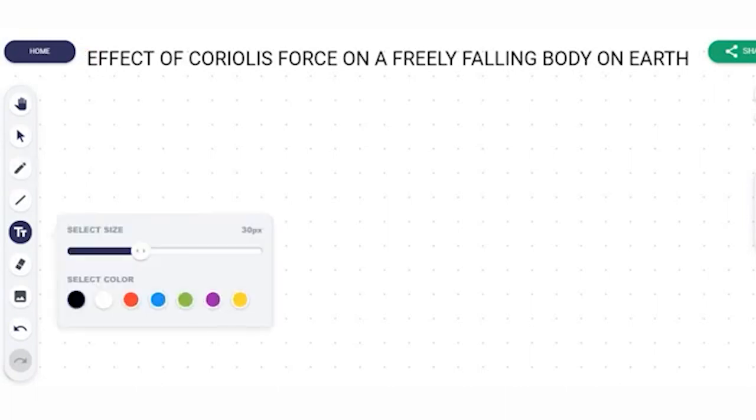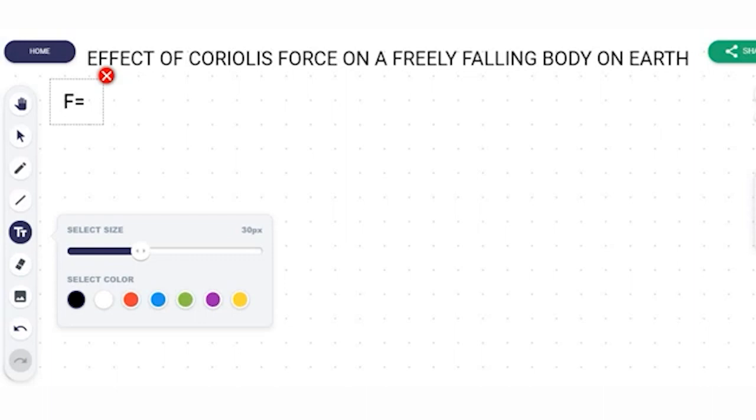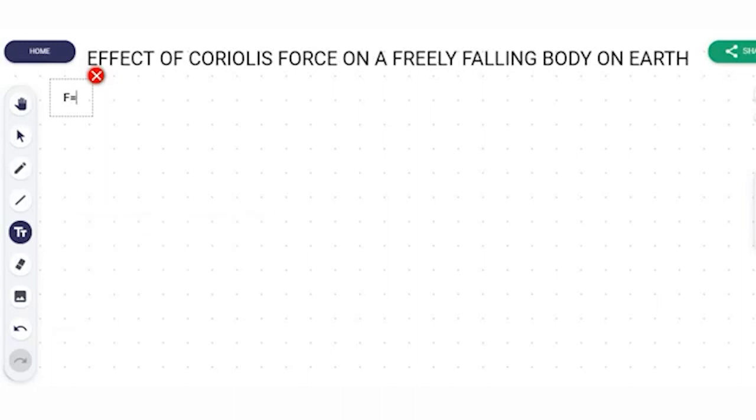We can write the Coriolis force F is equal to minus 2m, where mass is a scalar, omega is the angular velocity, omega cross v, and both omega and v are vectors.